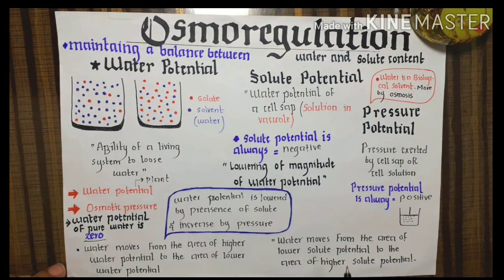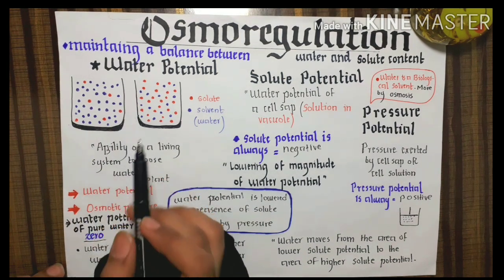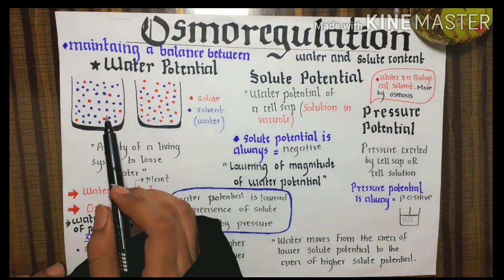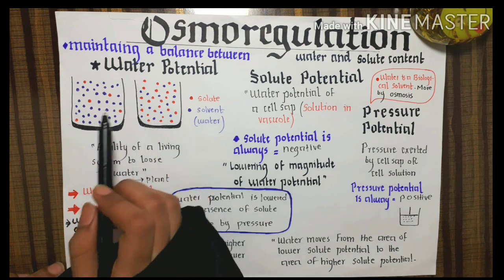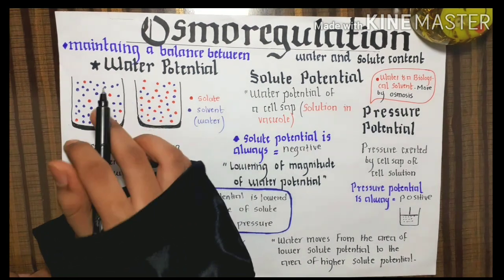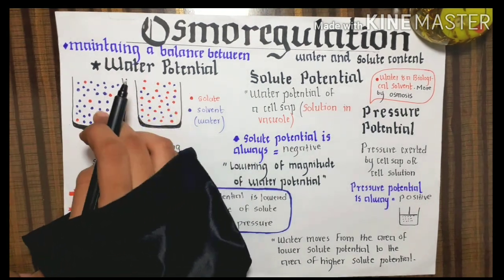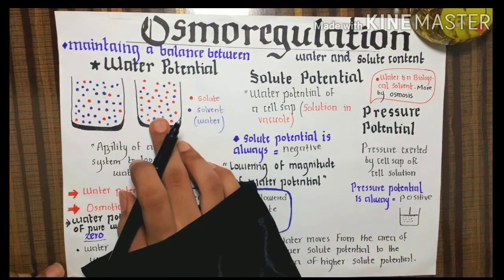and the water potential increases. So now we can define it as water moves from the area of higher water potential to the area of lower water potential. This container has more water, so higher water potential, to the area of lower water potential.